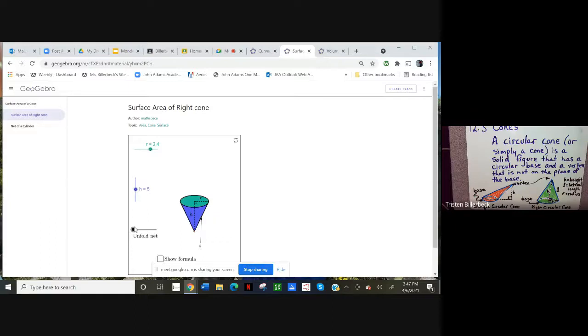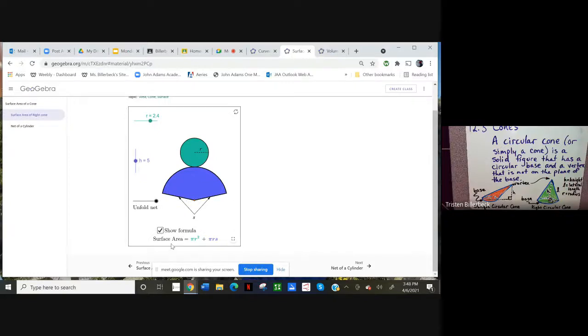Okay, so we actually do have more than just a lateral surface area. Look at that. We have a base as well as that lateral surface area. So when we calculate total surface area, we have to account for the lateral surface area and the area of the circle, which is its base. So let's look at that formula. The surface area formula for our cone is pi r squared, which is the area of the circular base, plus pi r s.